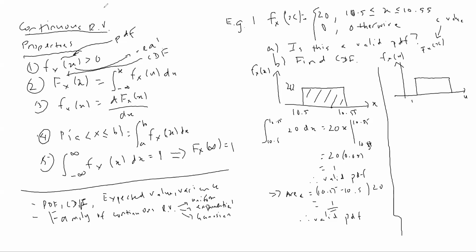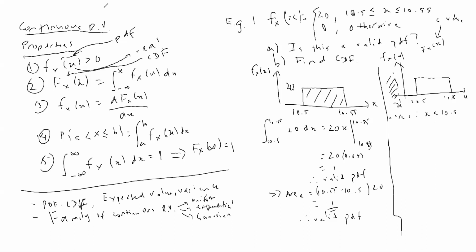What we have here is 10.5 and 10.55. We have an X value, but it depends on where the X value is. If my X value is somewhere here, that means case 1: X is less than 10.5. The area we are interested in is this region.